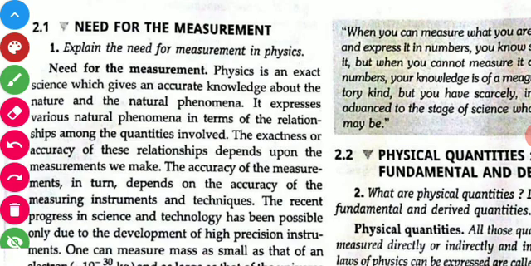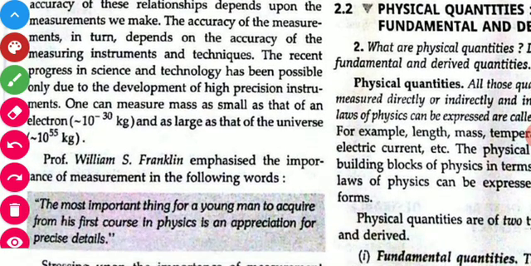If our measuring system, our measuring method, our measuring instrument are not accurate, then we will not get the right value of the given quantity. So there should be accuracy in our measurement system. This is the need of measurement in physics.